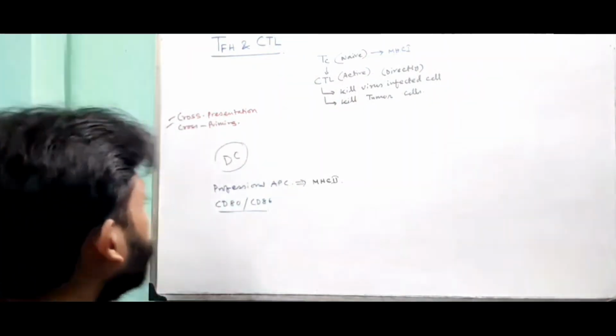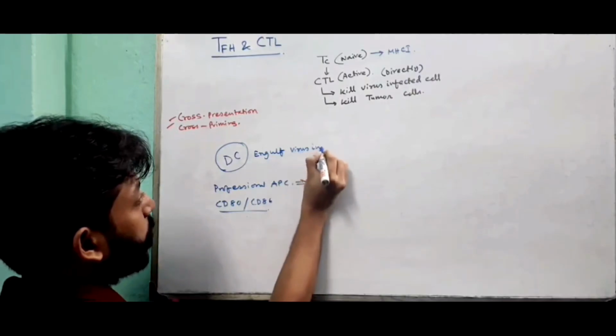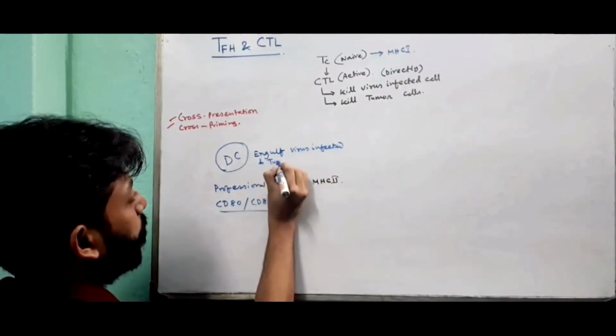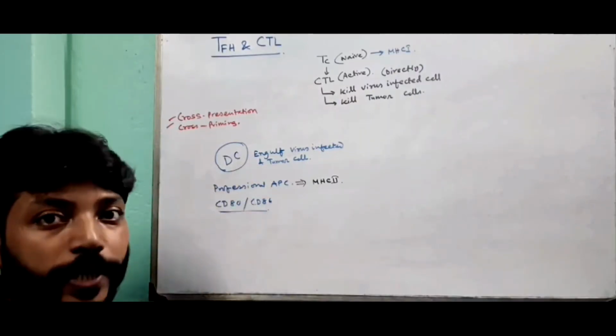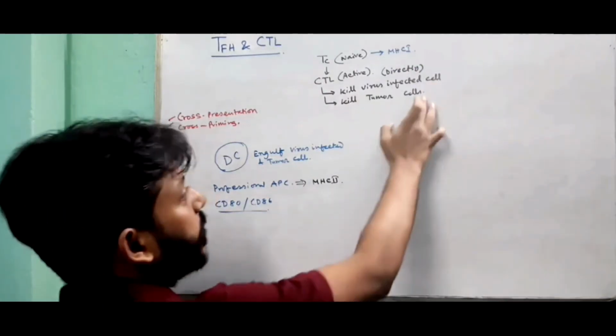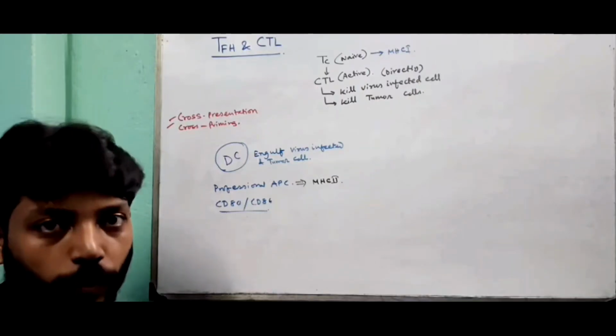What happens? These dendritic cells engulf virus-infected cells and tumor cells, get the antigen, and represent the antigen by class 1 MHC molecules.